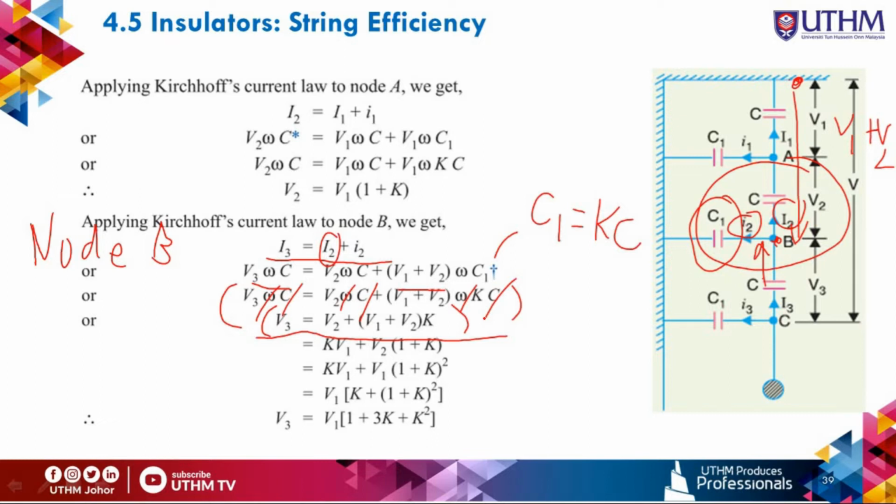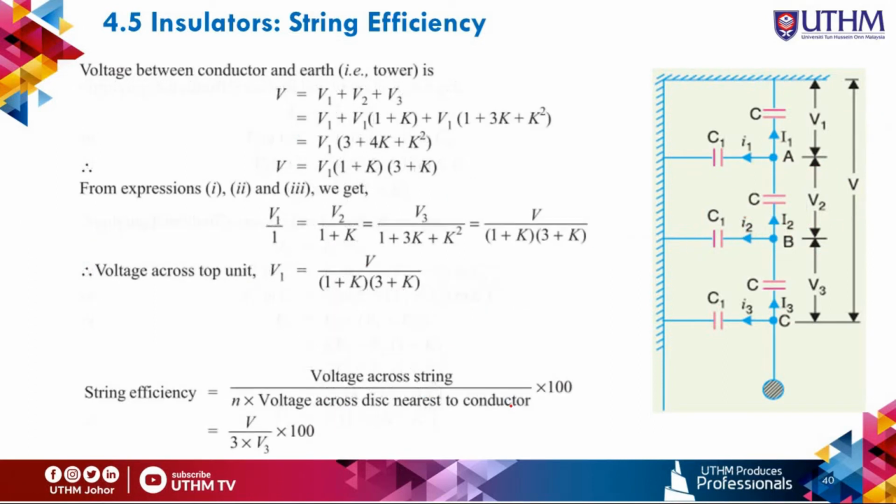Then we simplify until we get V3 equivalent to V1 times 1 plus 3K plus K squared. So this is the equation for V2, and this is the equation for V3.